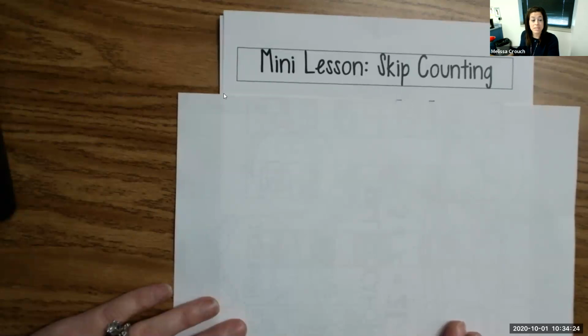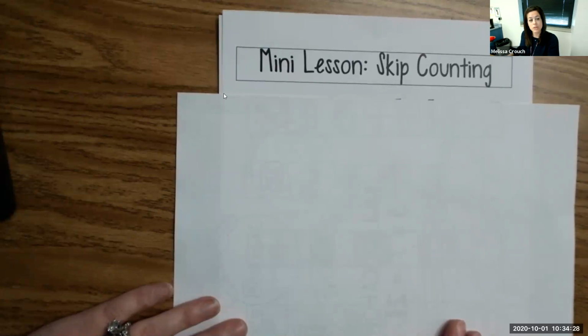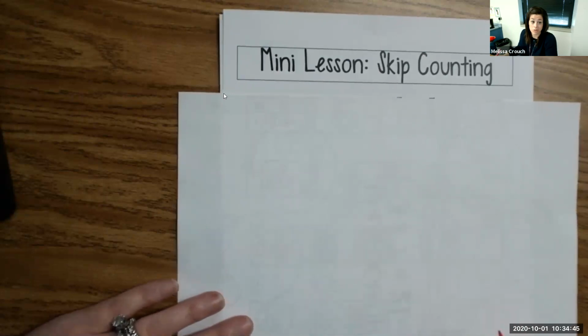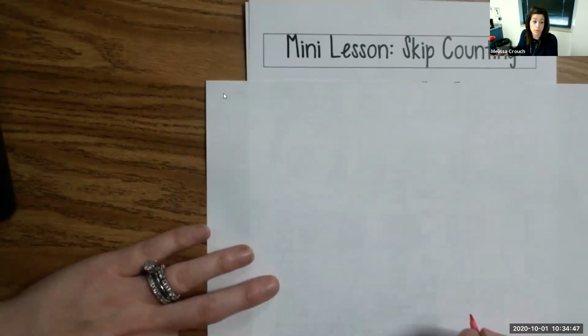So when we skip count, I am going to show you how to do it, but you really only try to skip count by things that you can count quickly, because the idea is not for multiplication to be time consuming. The idea is for multiplication to be easier. When I'm talking about skip counting, we always start with 0. So let's just start with skip counting by 2s, because we've been doing that for a while.